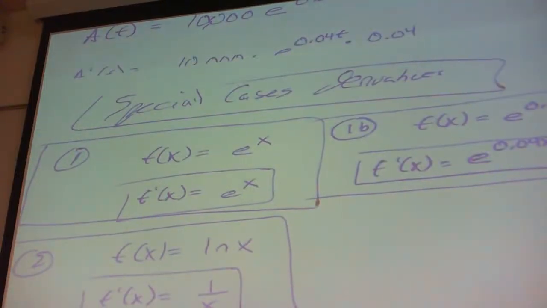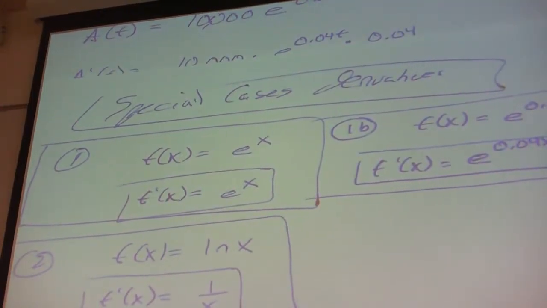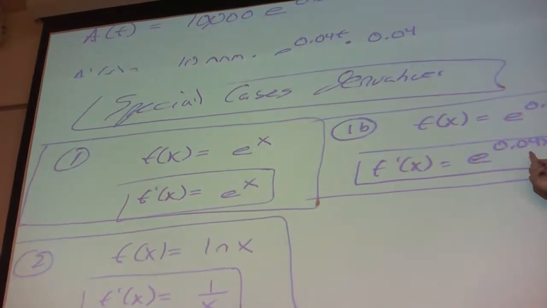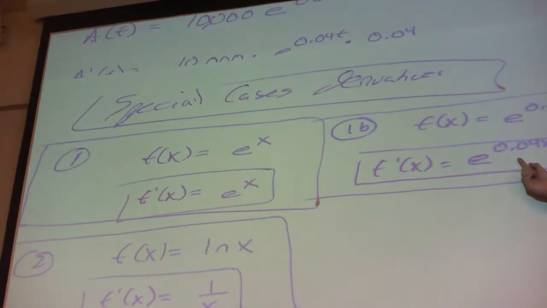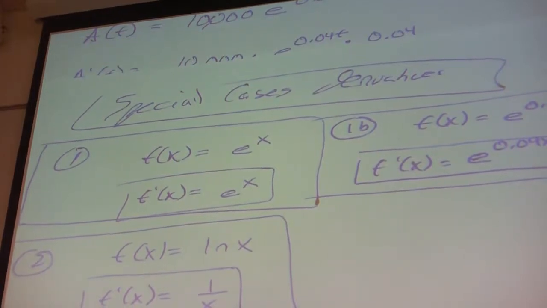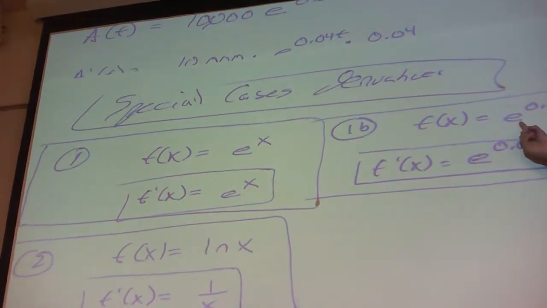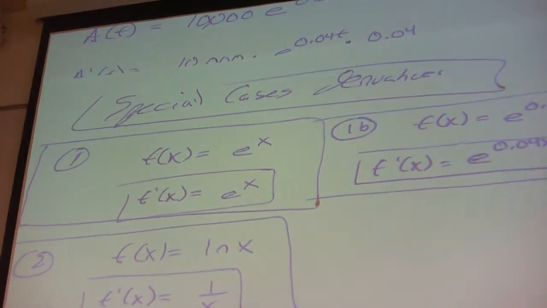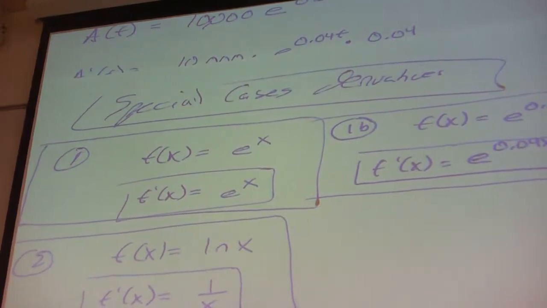So, to make sure we understand this, if I had e to the 3x, step 1, rewrite it, and what would I multiply by? If I had e to the 3x, I would rewrite e to the 3x times what? Times 3.